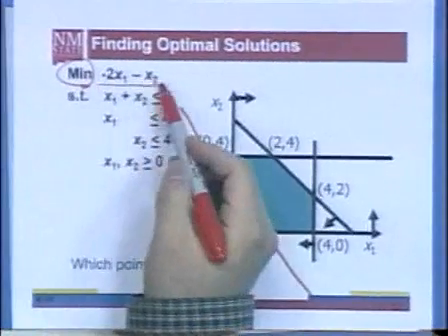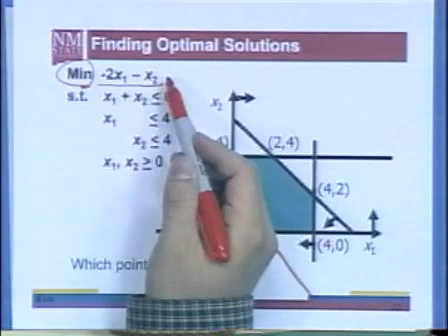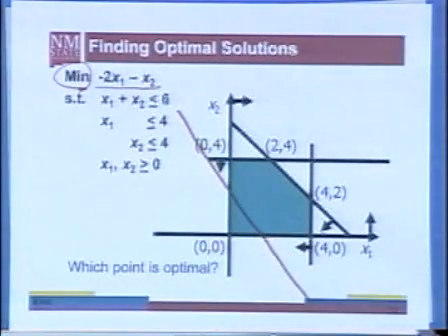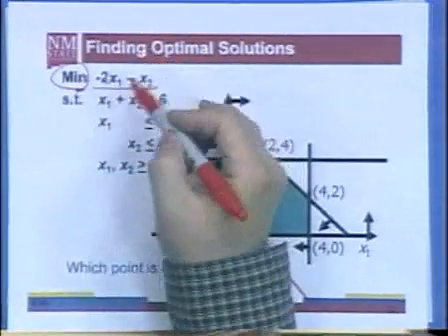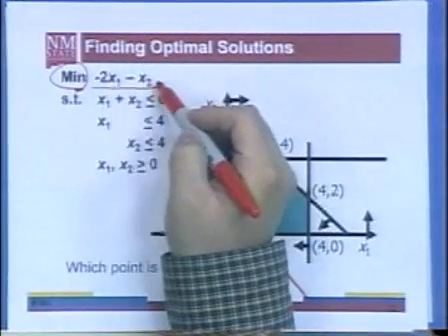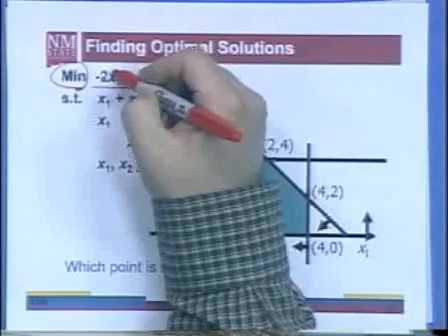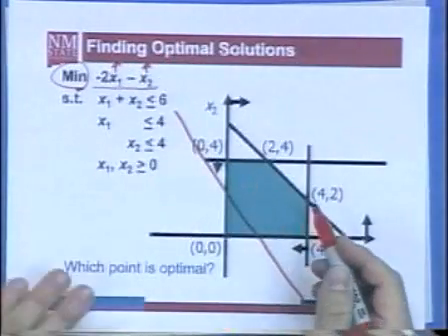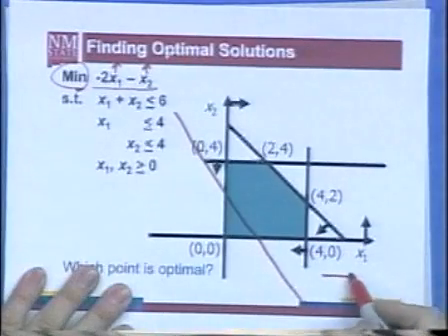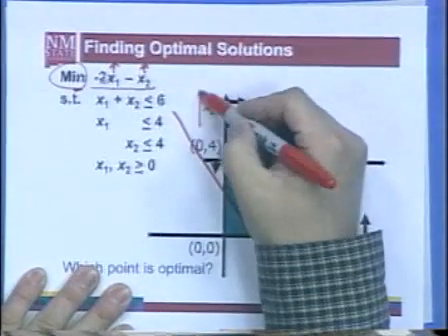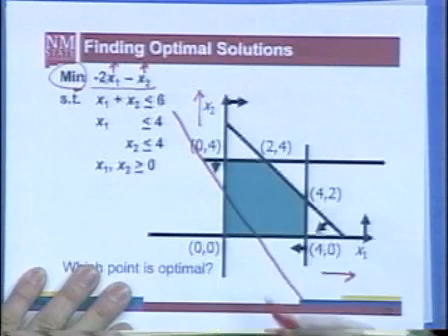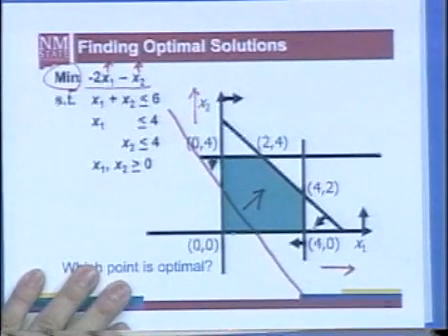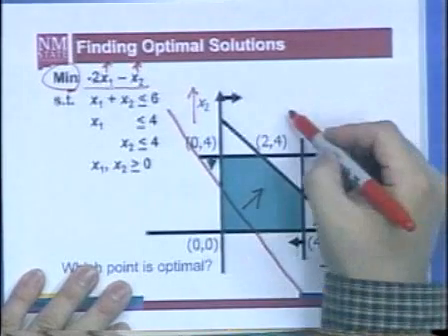So our objective function value will be decreased if we move this isovalue line in a direction for which both x1 and x2 are increased, right? So if x1 is increased and x2 is increased, like this way, we need to move this isovalue line in this direction, right? North-east direction.